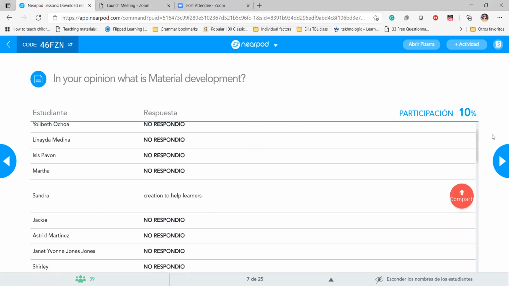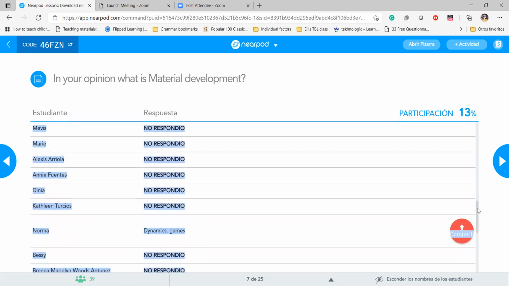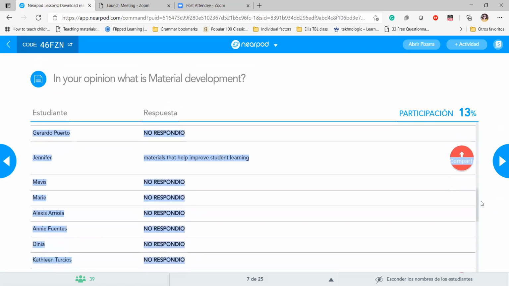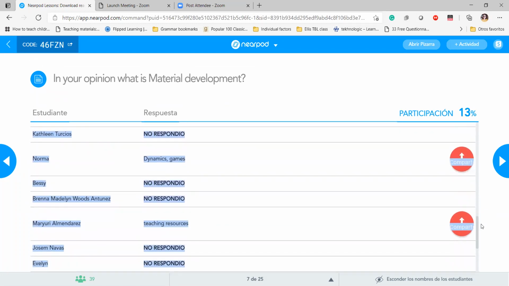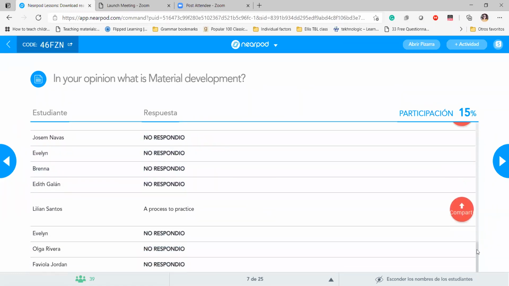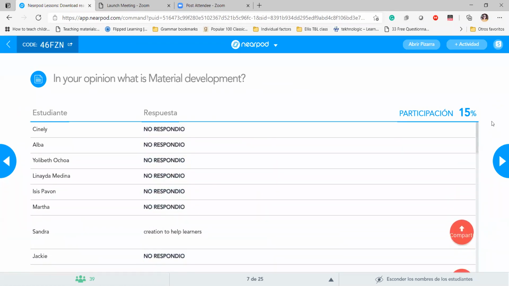Sandra says it's the creation to help learners. Good. I see over here materials that help improve students' learning. Dynamics, games. Marjorie says teaching resources. A process to practice, Lillian says. Very good.